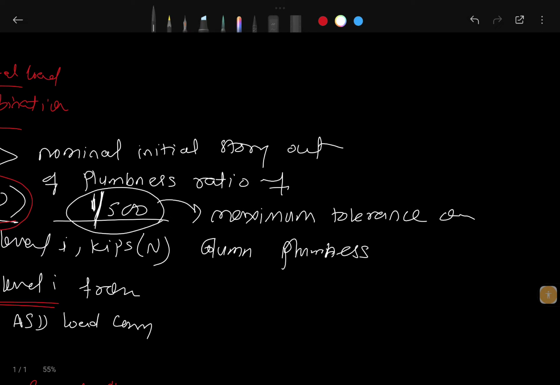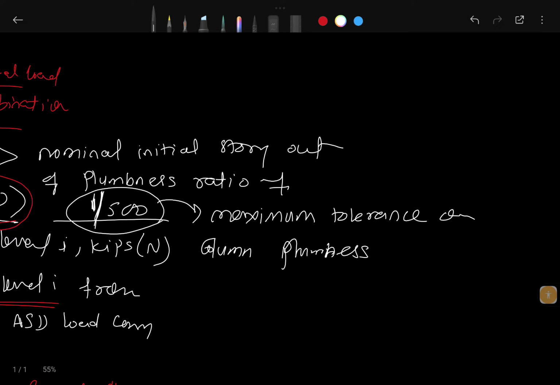In some cases, other specified tolerances, such as those on plan location of columns, will govern and will require a tighter plumbness tolerance. This is very important if we consider the notional load on our structure.